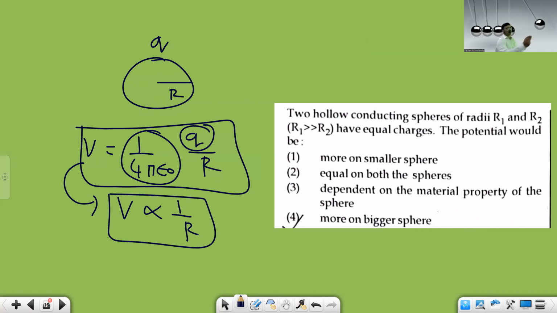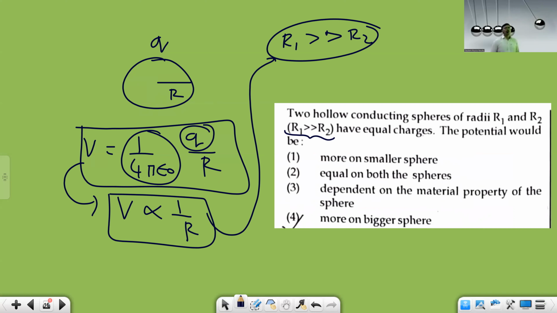In the question, they wrote R1 greater than R2. R1 greater than R2 means obviously, as V is inversely proportional to R, I can write V1 is less than V2. So R1 greater than R2 means V1 is less than V2. Obviously an inverse relation.